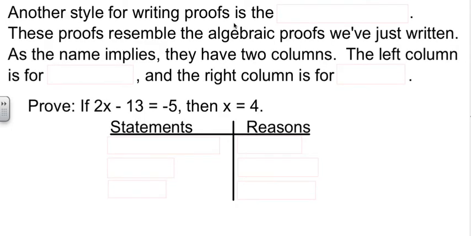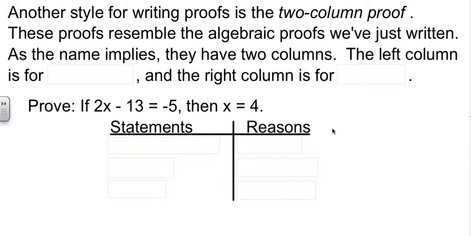Now, we kind of hinted at this in the two that we've done here. We said last time you can do paragraph proofs. Another style is called the two-column proof. And these resemble the ones we just did.